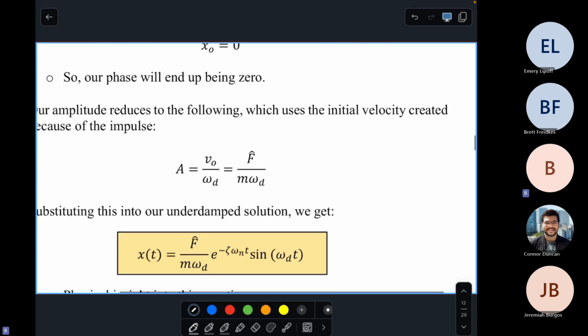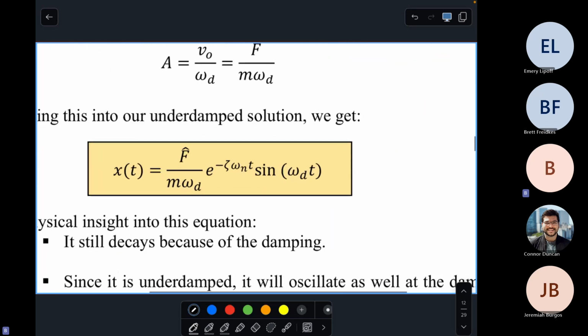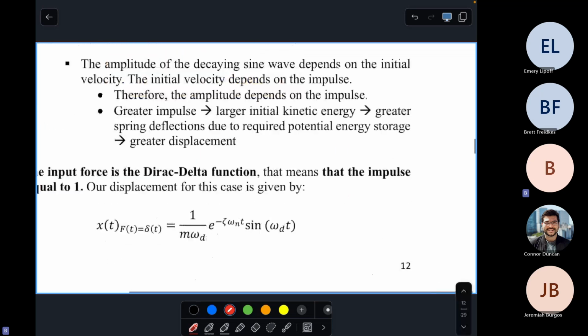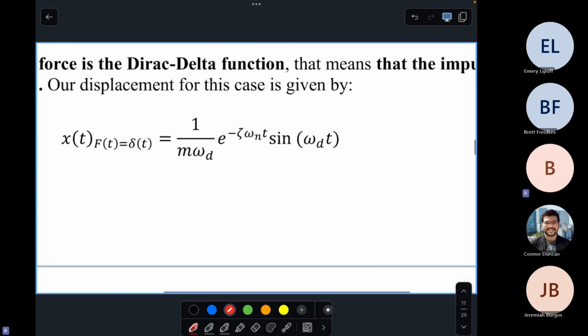So we see that here. If we come back to our underdamped solution specifically, this was the amplitude A. So we see that F hat causes a larger amplitude. And then again, the other stuff is still the same. Now, specifically, if it's the Dirac-Delta, we see that that F hat becomes a 1.